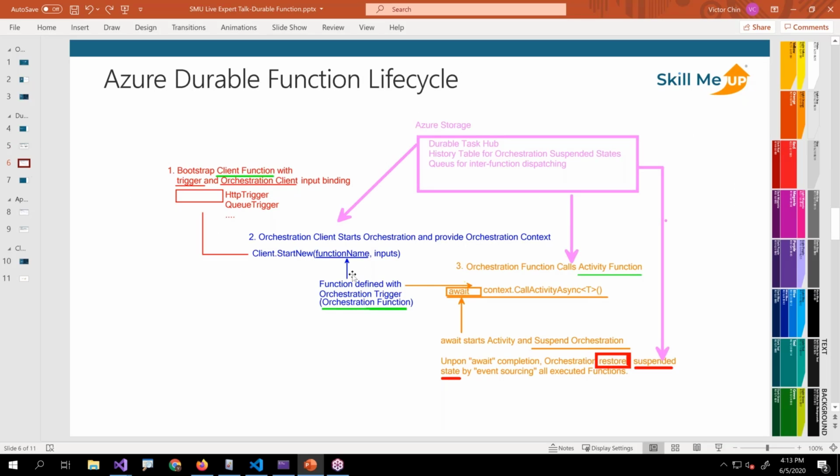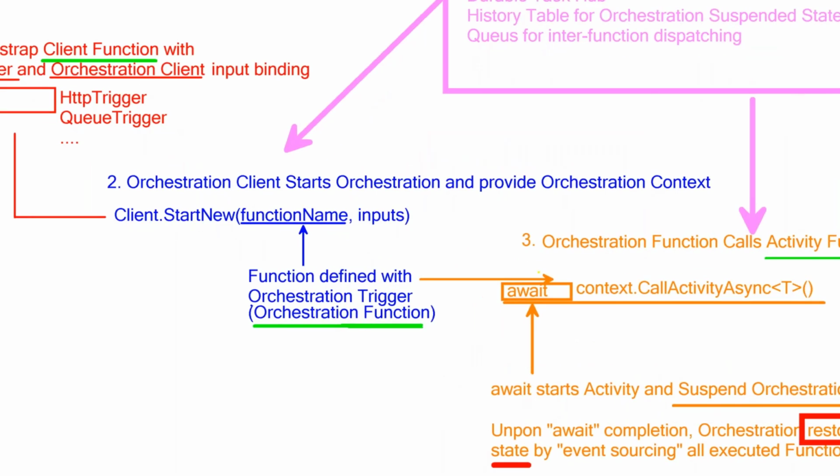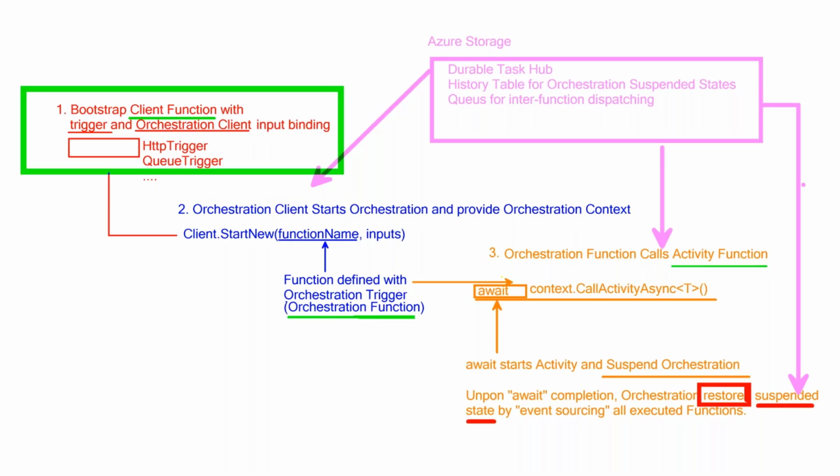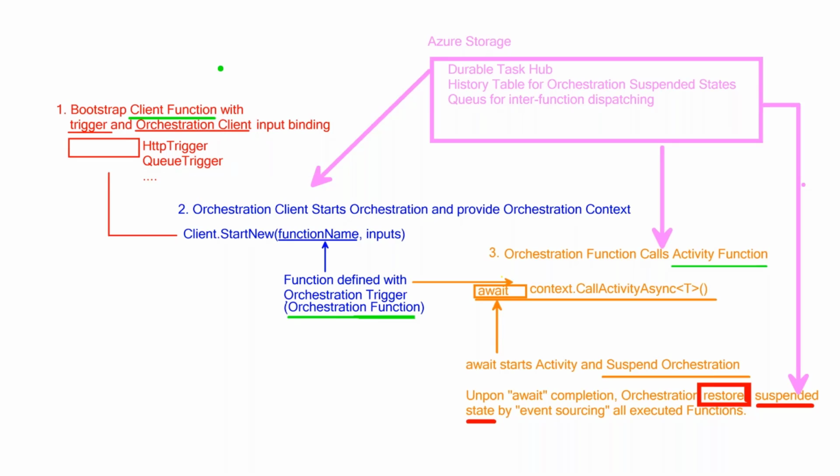All right, so quickly, when you start a durable function, you need something. So you need an orchestration client to be supplied with a bootstrap client function. Our bootstrap client function will be an HTTP trigger, and it will supply an orchestration client. And the orchestration client will start the durable function that's long running.